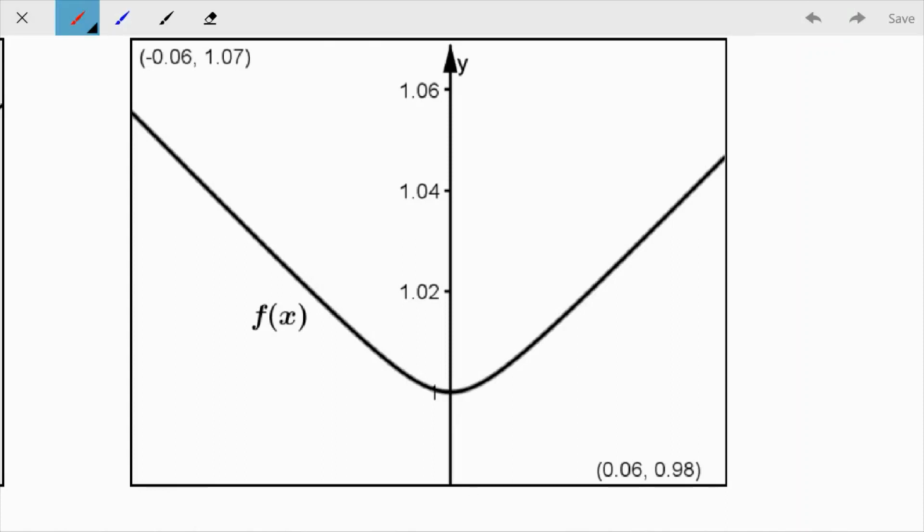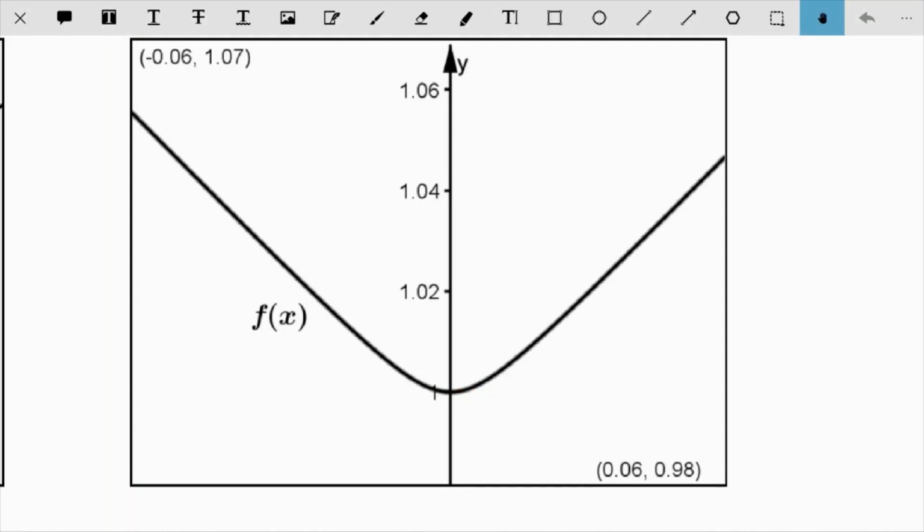That's the idea of local linearity: if I zoom in enough, it starts to resemble a linear tangent line when I get really, really close to one of these points. If we zoomed in enough, it would just look like a horizontal line at x equals 0, indicating that we do have a tangent slope.